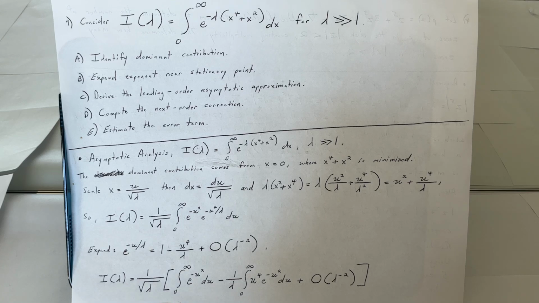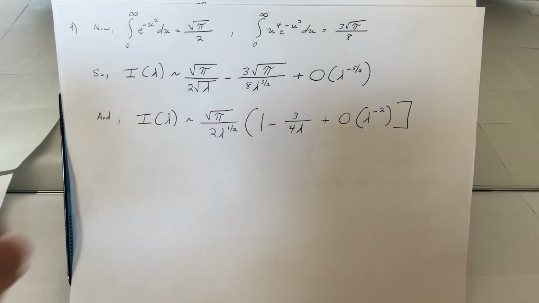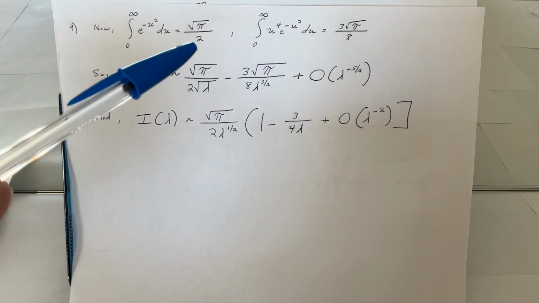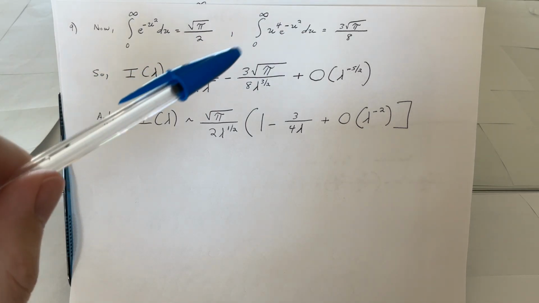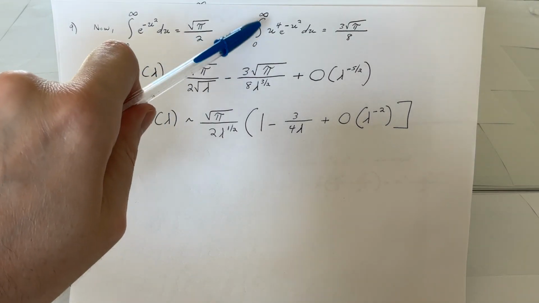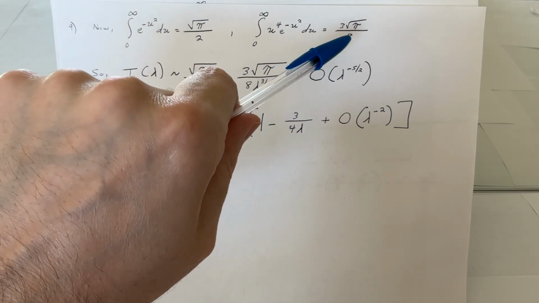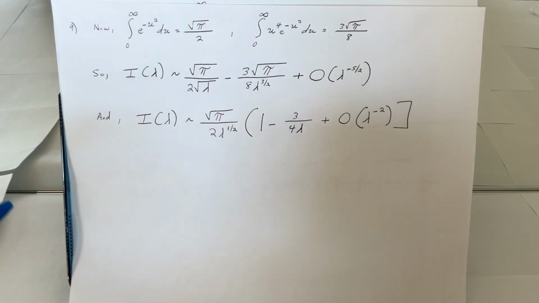Okay, building on that, the integral from 0 to infinity of e to the negative u squared du equals square root of pi over 2. And the integral from 0 to infinity of u to the fourth e to the negative u squared du equals 3 square root of pi over 8.